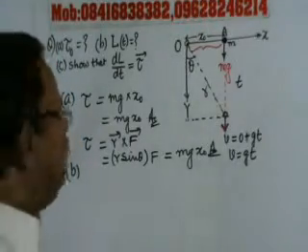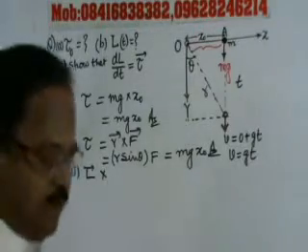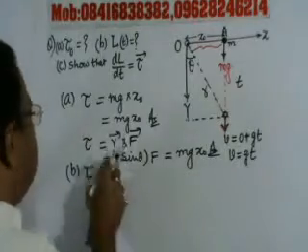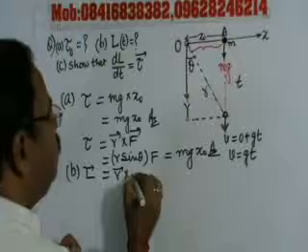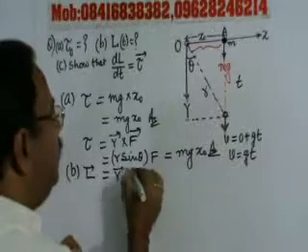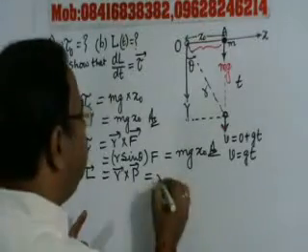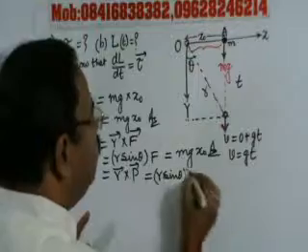So what will be the angular momentum? This angular momentum L will be equal to vector r cross p, linear momentum, that is r p sin theta, that is r sin theta into p.